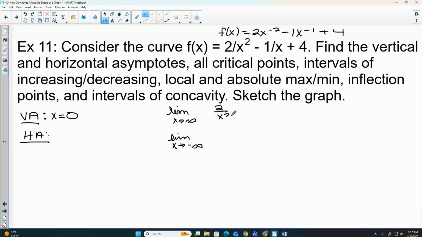I'm going to use it in fraction form. Because remember, we talked about these before Christmas. When you have x on the bottom, what's a number over infinity?